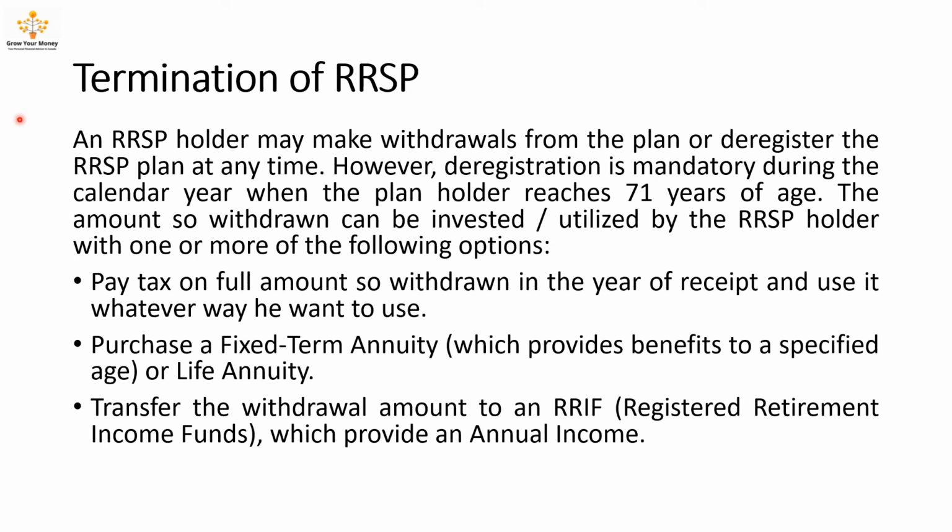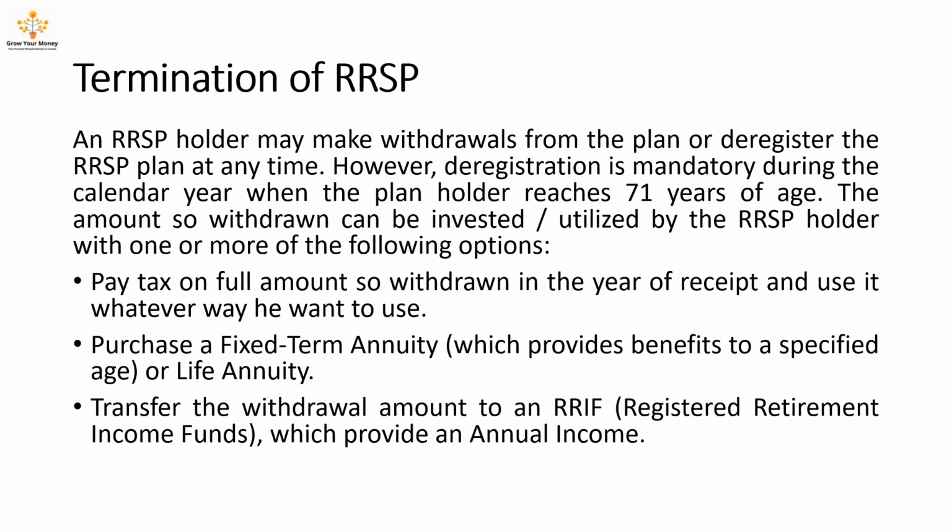The amount so withdrawn can be invested or utilized by the RRSP holder with one or more of the following options: pay tax on the full amount so withdrawn in the year of receipt, and use it whatever way he wants to use. Second option could be he can purchase a fixed term annuity which provides benefit to a specified age, or a life annuity. And third option could be to transfer the withdrawal amount to an RRIF, registered retirement income fund, which provides an annual income.